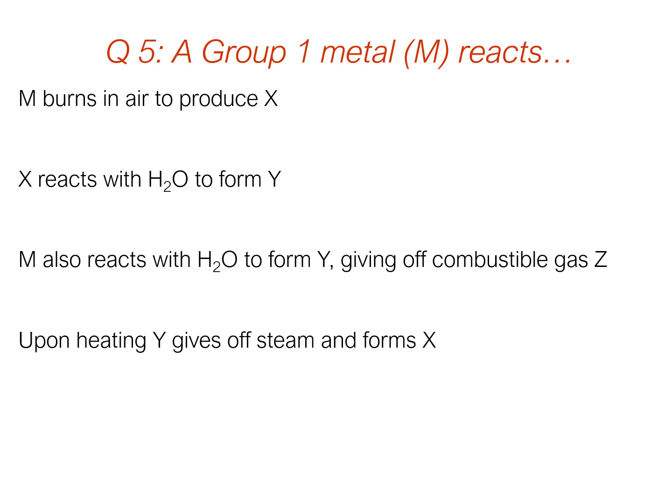Question 5 is giving us a series of reactions and products of a group 1 metal and asking us to identify what these various metals and products are.